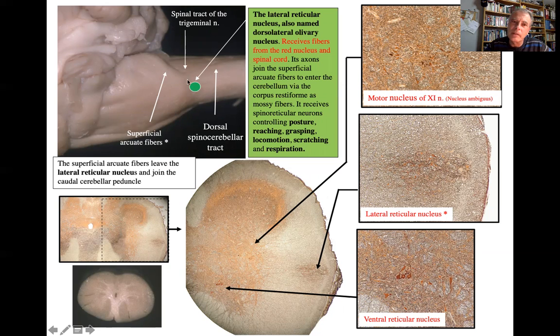They form the superficial arcuate fibers, and they are located on top of the caudal cerebellar peduncle. These are involved in posture, grasping, locomotion, scratching, respiration. Yeah, it is an important center. The lateral reticular nucleus and the ventral reticular nucleus here.